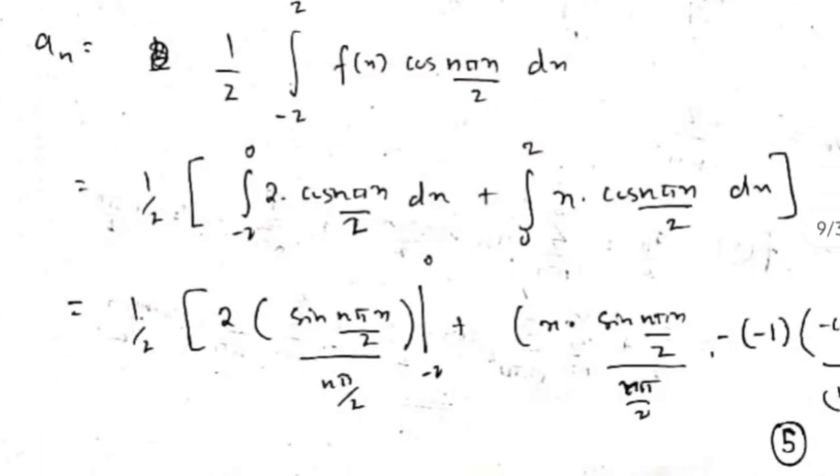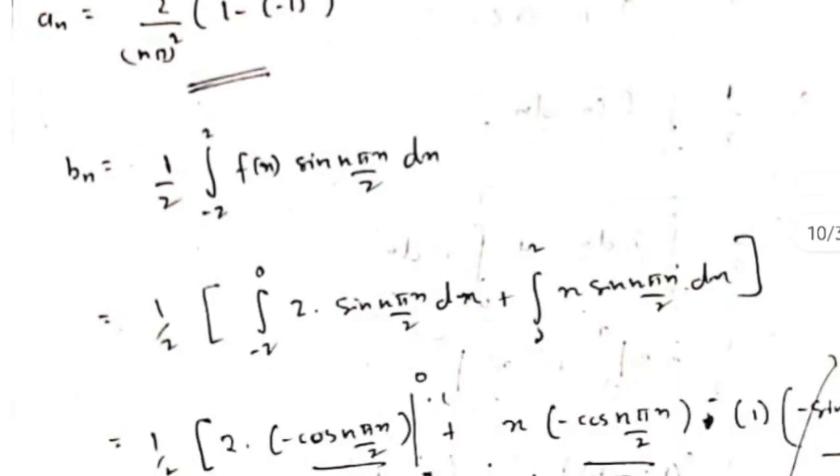In the same way we'll do it for a n also. We'll separate the integrals, and the extra thing here is cos n pi x by 2, and after you expand it and apply the limits you will get a n. In the same way you have to find b n also, just with sine instead of cos.